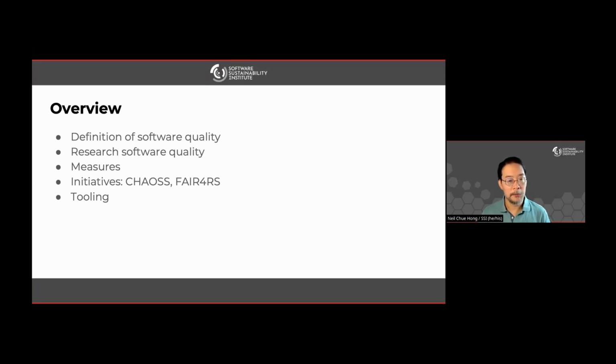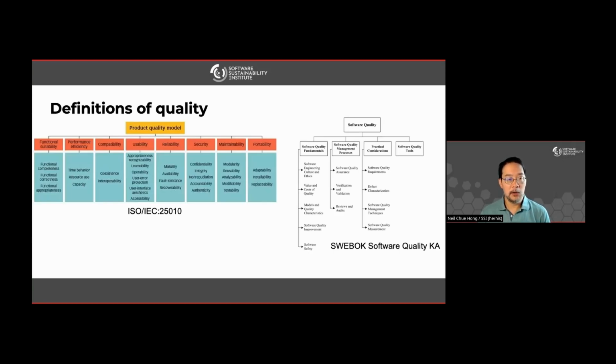So first of all, what is software quality? There are lots of different definitions of software quality in the literature. There are very formal definitions coming from software engineering, particularly from industry, which look at the different aspects that it takes to make a piece of software of high quality. These range from things like performance and usability to looking at aspects of the way that the software is being produced or assessed.